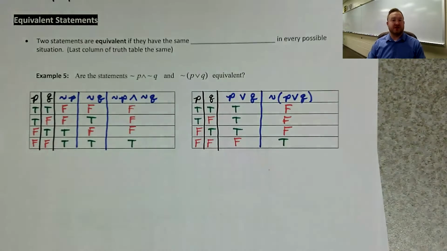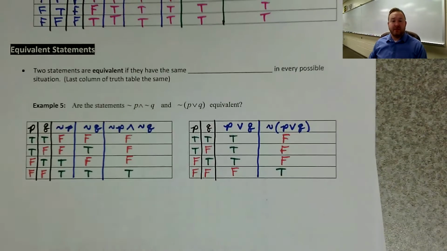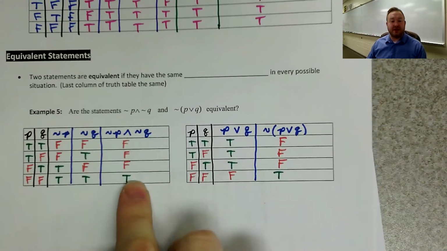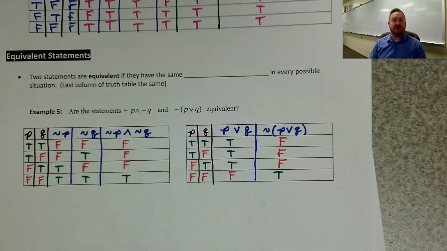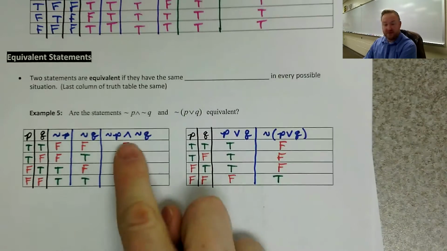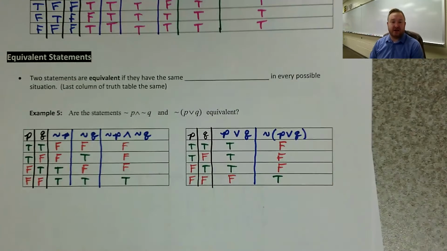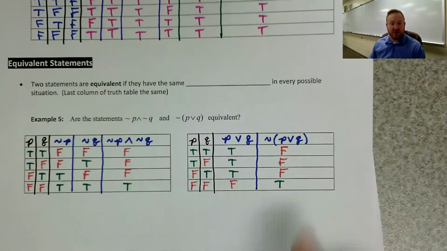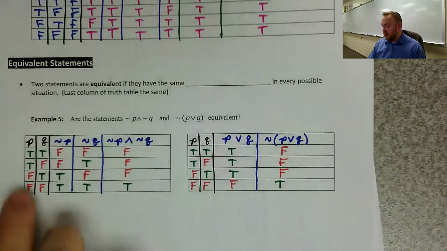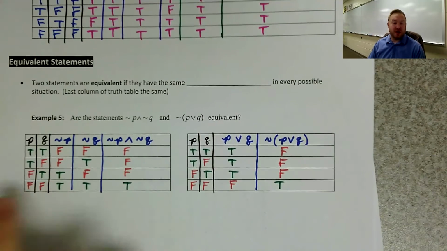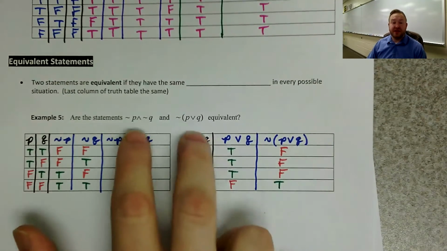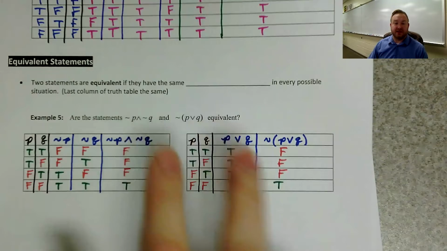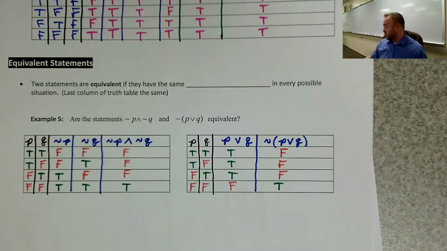Okay, this is what your 2 truth tables should look like. If they don't look like this, you can check that a little bit, see where you may have made a mistake. But I'd like you to notice that these 2 statements have the exact same final column. That final column is identical in both cases. False, false, false, true, false, false, false, true. That means in every combination of true and false for P and Q, these 2 compound statements always have the same truth value.